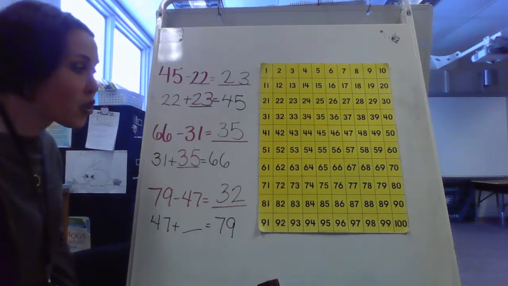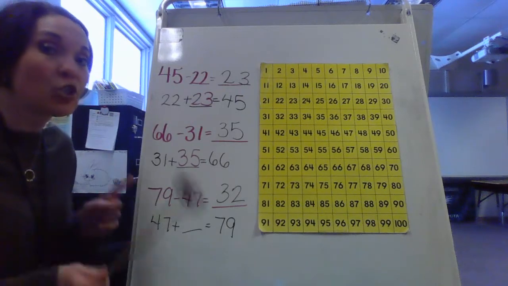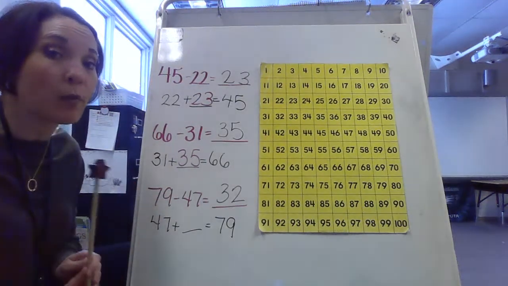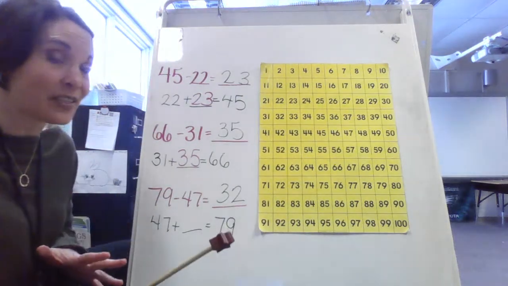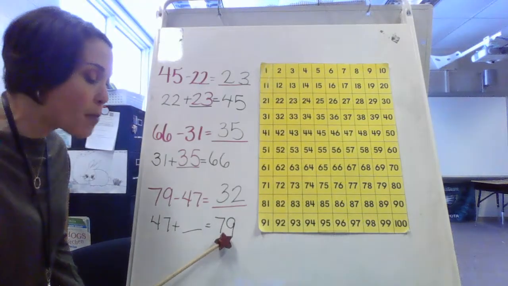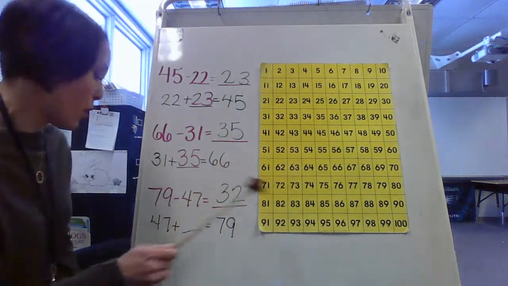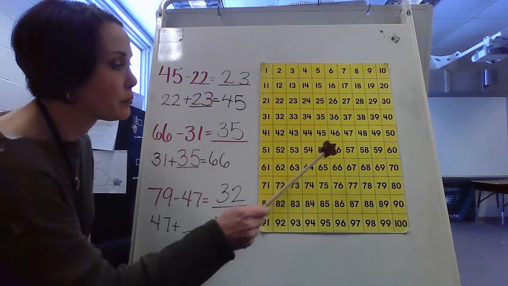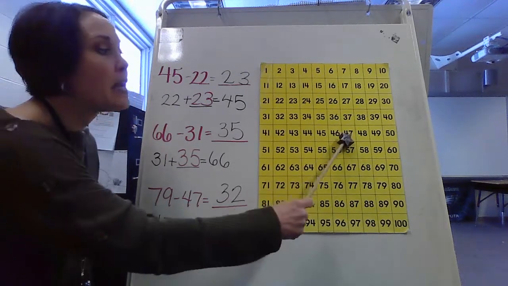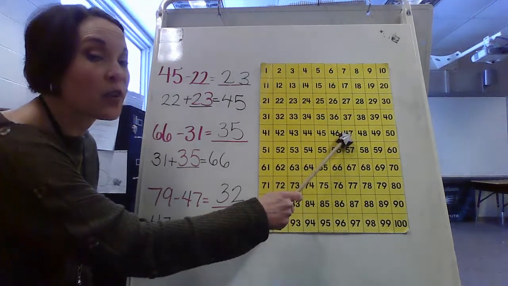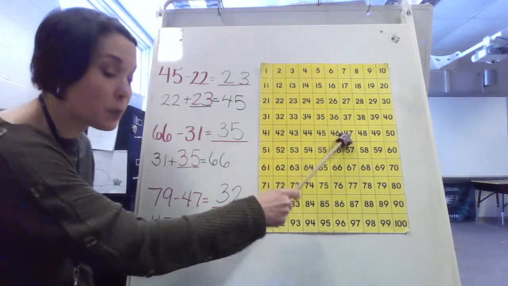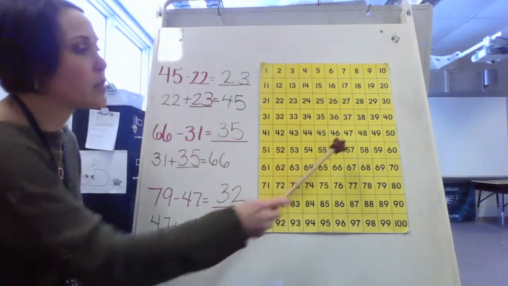Now I want to start on 47 and then I'm going to do the switcheroo. I want to start with my ones first and then hit the tens. So I want to go to a number in this row, since I'm at 47. I want to see where's the first number that's going to have a 9 in the ones place, because 79 has a 9 in the ones place.